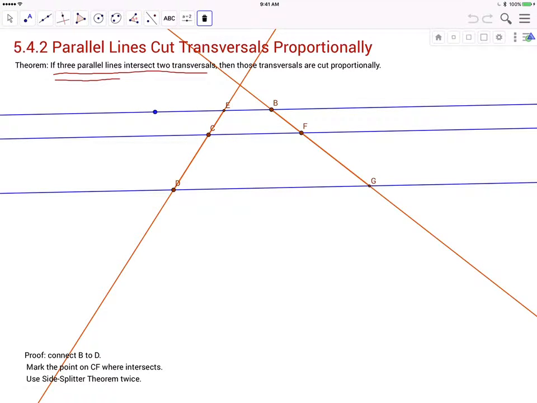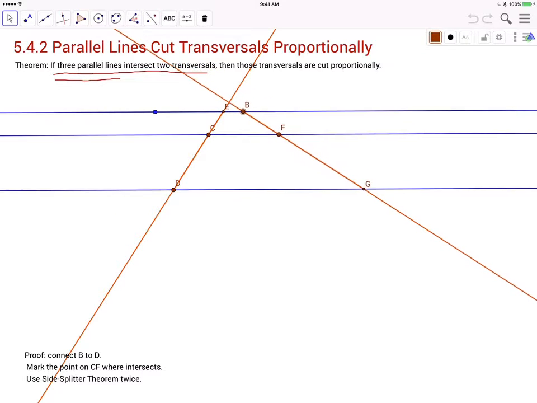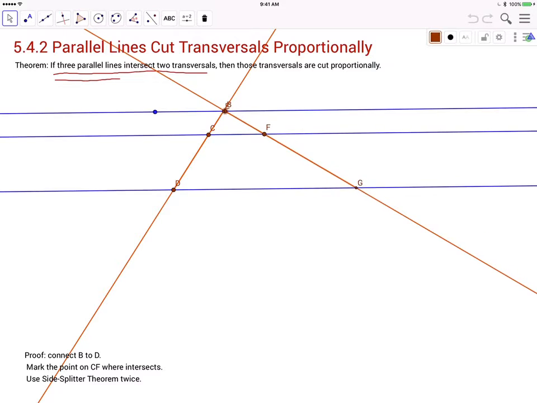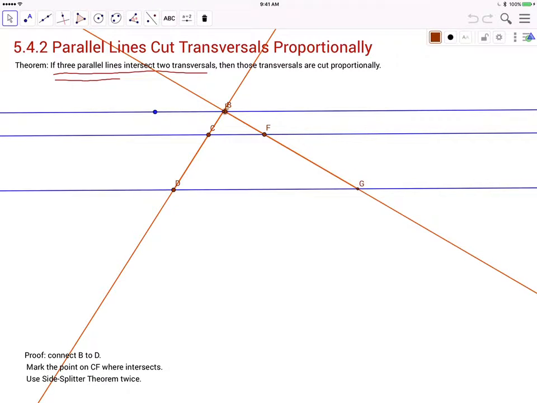Here's the quick proof. There's actually two different ways to look at this one. One is to think about this figure as almost being a giant triangle, where let's say E and B become the same point. Now what we have is a side splitter theorem where we have a parallel line and a side of the triangle.